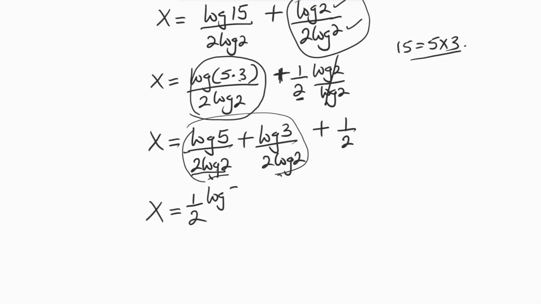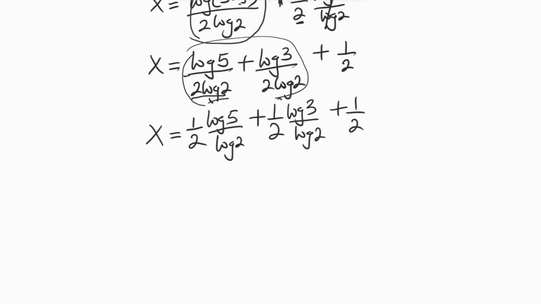Log of 5 divided by log of 2 plus, let's do the same thing again for log 3 divided by 2 log 2. We have half log of 3 divided by log of 2 plus the half that we have left there. Okay, so now x is equal to, let's employ the third rule.